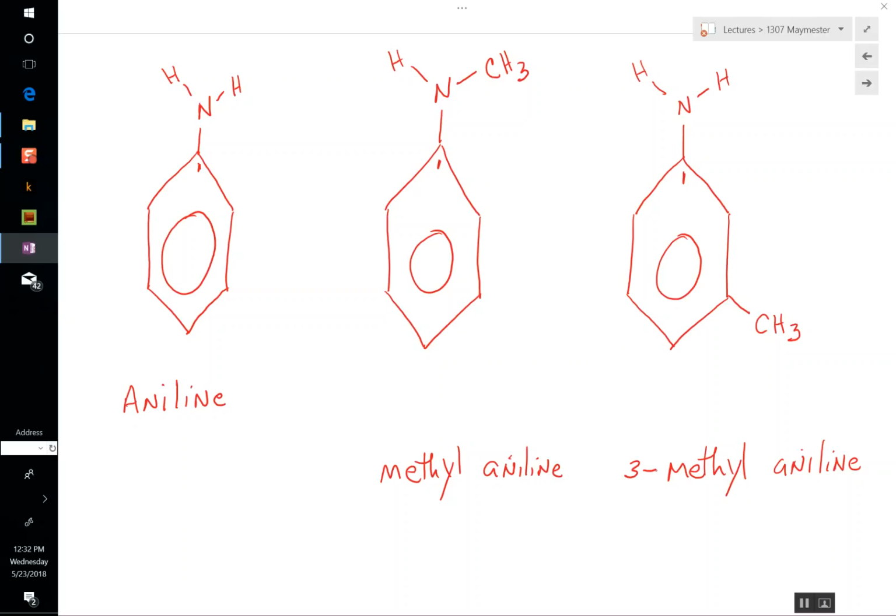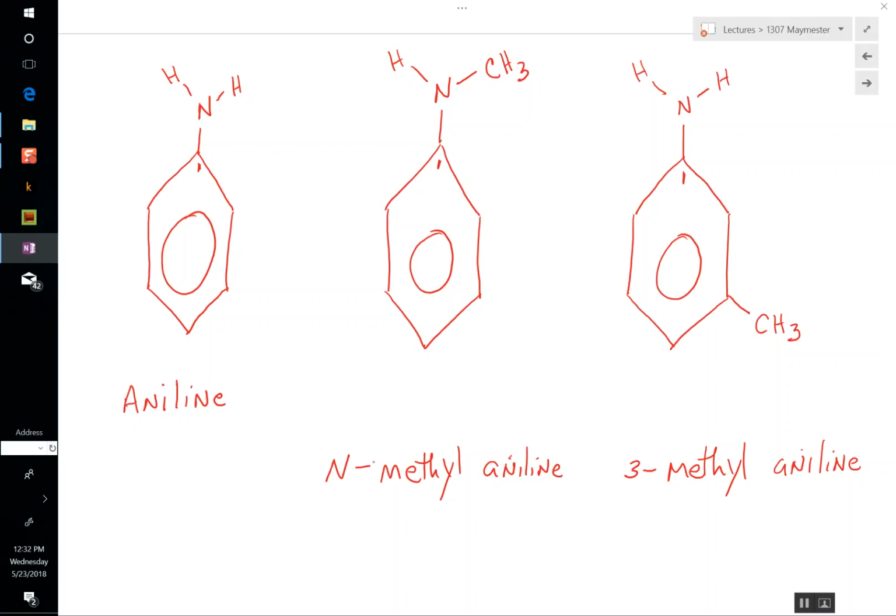What do I put for that one? No, 1 is the carbon. If I put 1, it would suggest that the methyl group is attached to the first carbon. It isn't. No, we're going to use the letter N. It's going to be N-methyl aniline.